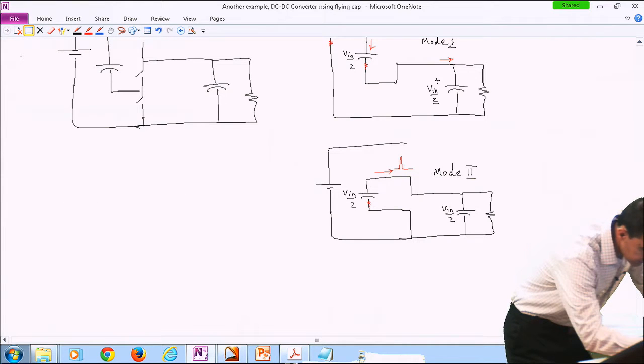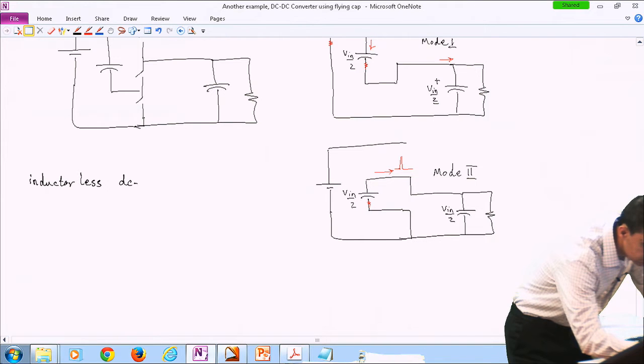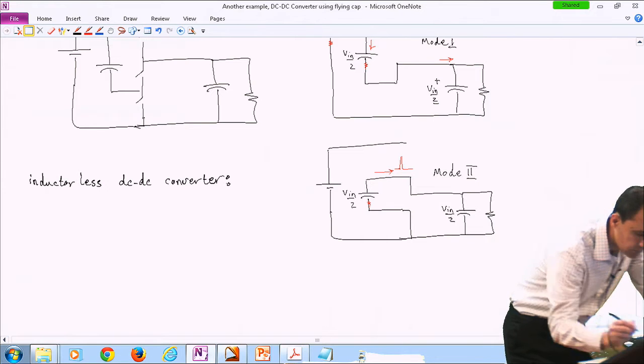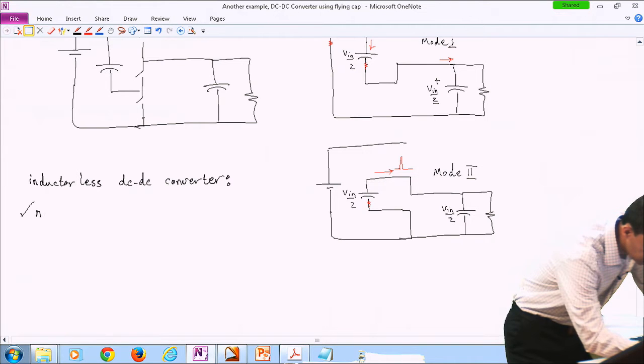So let's call it inductorless DC-DC converter. Okay, so one advantage is no inductor.